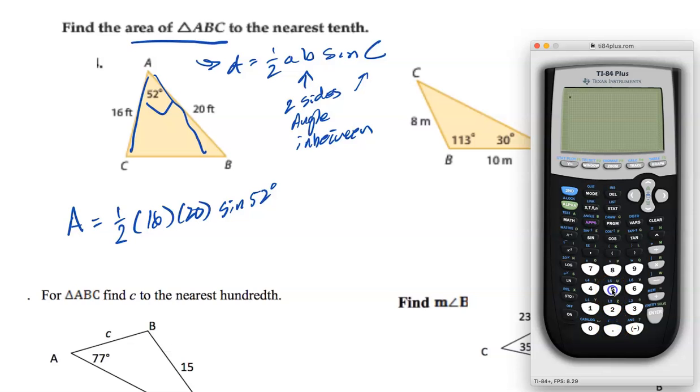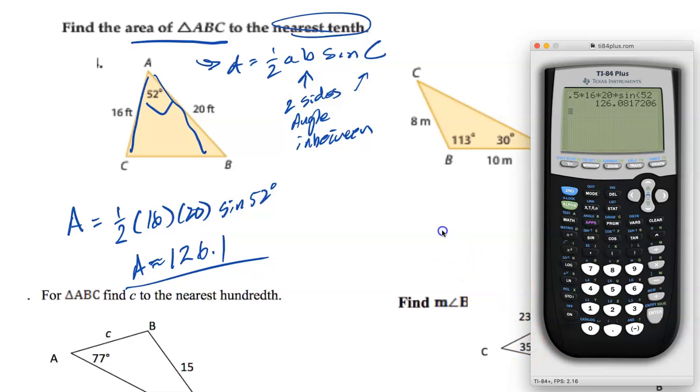So 1/2 or 0.5 times 16 times 20 times sine of 52. And I get 126.1 with the nearest tenth, like it says. 126.1, roughly. So there we go.